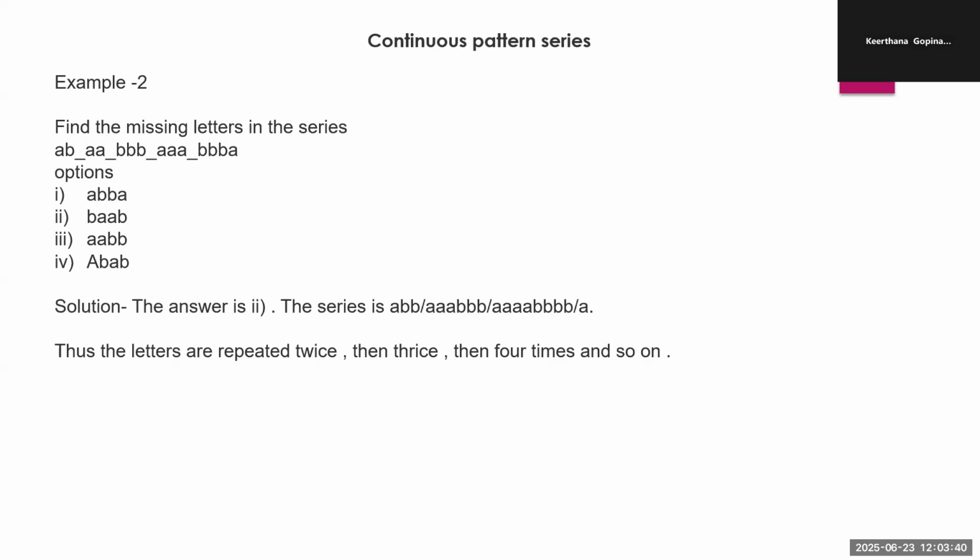So the series is ABB, triple A, BBB, double A. There is 1 time A and 2 times B. Then 3 times A and 3 times B. So the series is repeating like that. 4 times A, 4 times B. Correct? So we will have to find out which letters will fit in the gaps. And here again the option is 2.